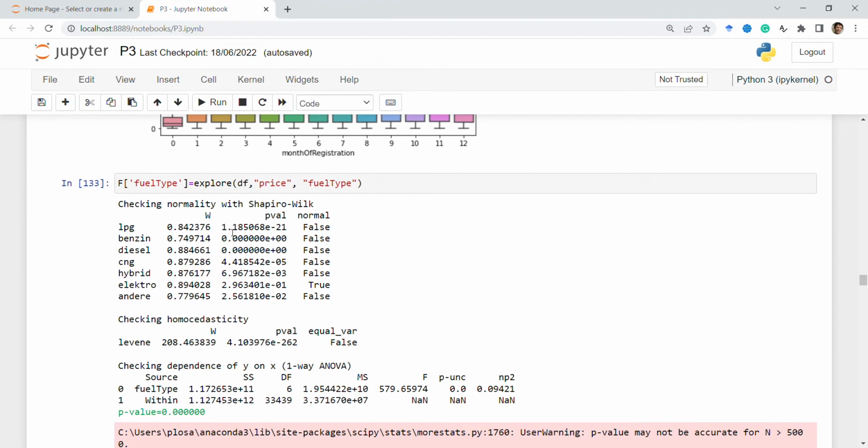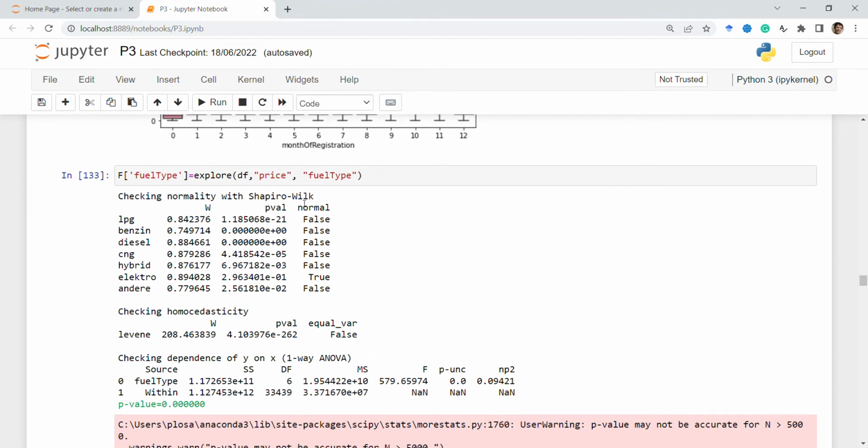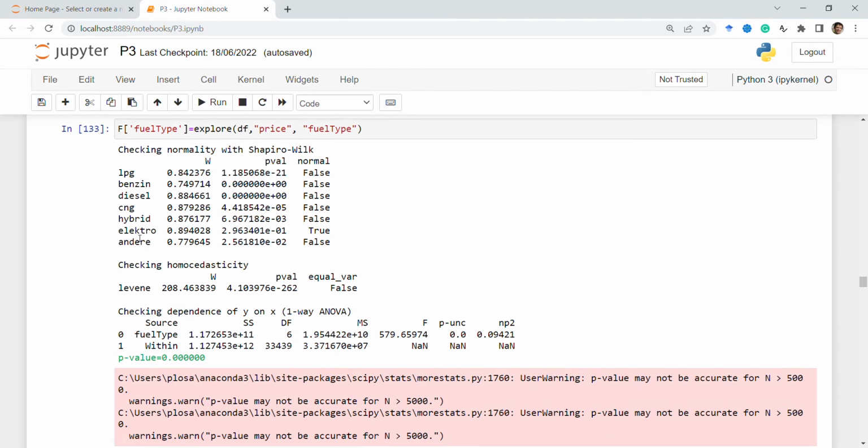And is there a relationship between price and fuel type? And we have different kinds of fuels. So we have liquid gas, standard fuel, standard gas, diesel, hybrid, electrical cars, others, and again there is a significant relationship.